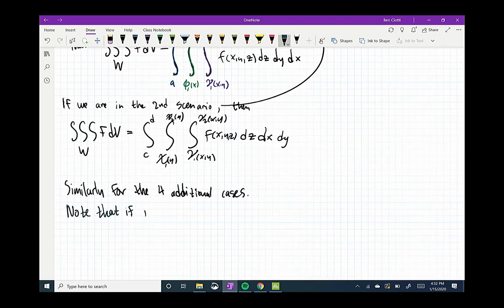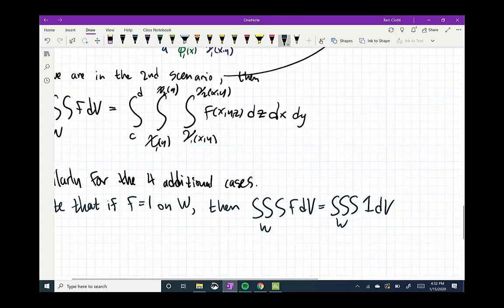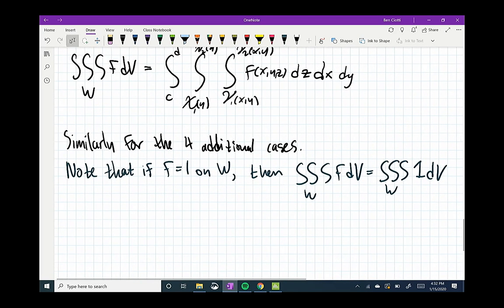Note that if f is equal to 1 on W, then what do we get for the integral? Integral over W of f dV is the integral over W of 1 dV, which is the volume of V. Sorry, the volume of W, excuse me.